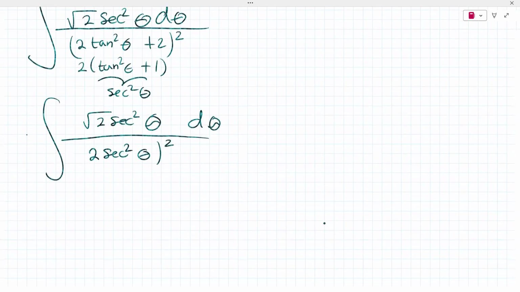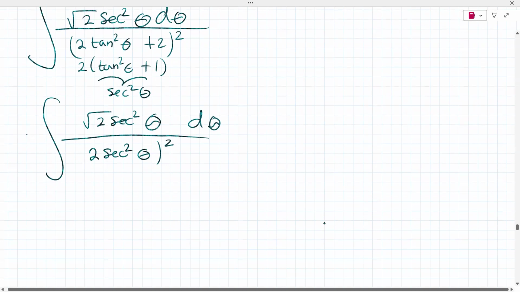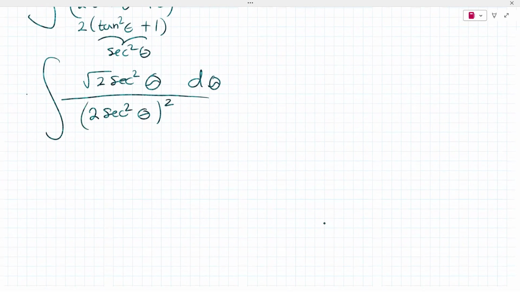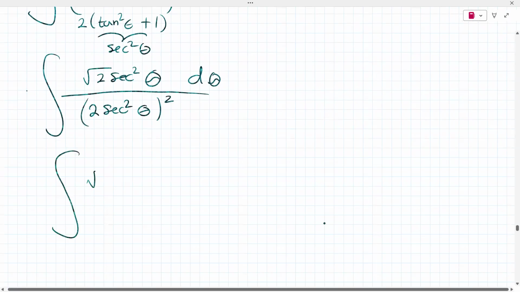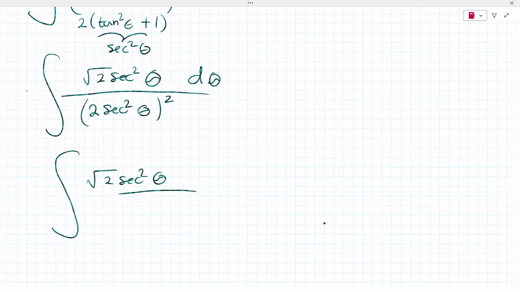Okay, now let's see what we do. Let's clean this up a bit more. So this is going to be square root of 2 secant squared theta. And then when you square this, it's going to be 4 secant to the 4th theta d theta.